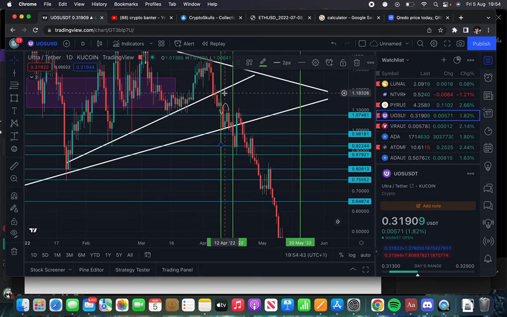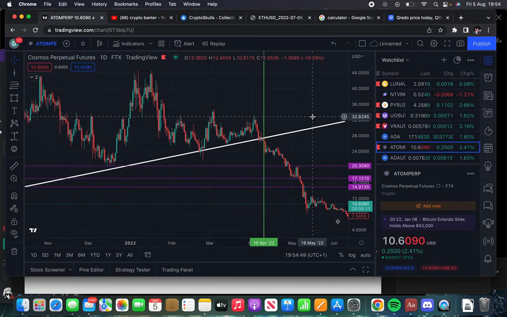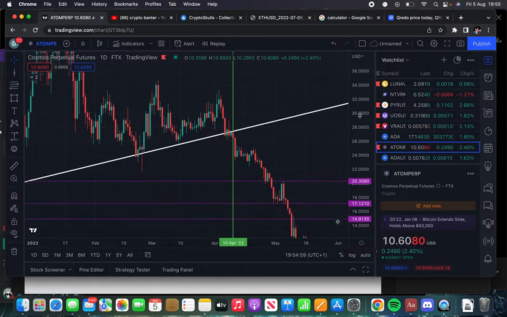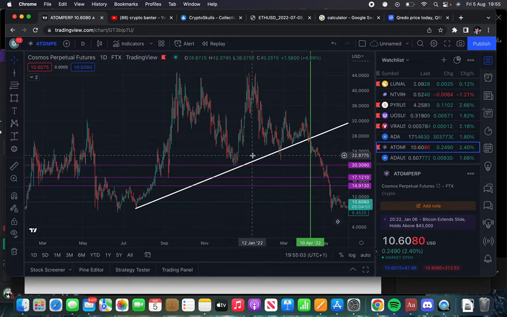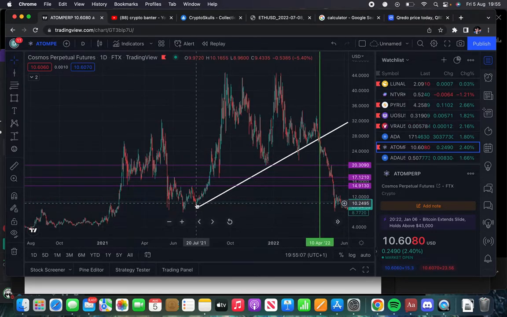I sold UOS there. I had Atom. I was buying Atom between 25 and 28, so between this level and around here, same thing happened. Even with the little technical analysis I knew, damn, this is a trend that goes way back, all the way to July of last year.